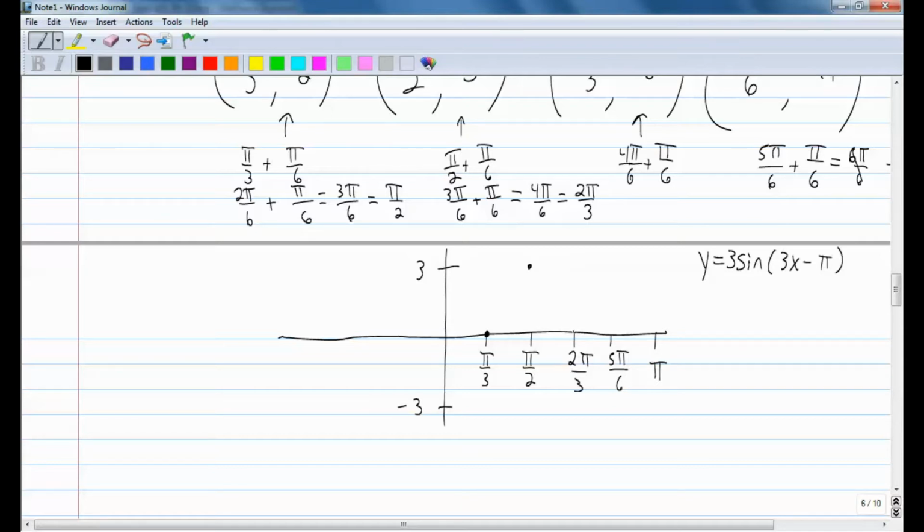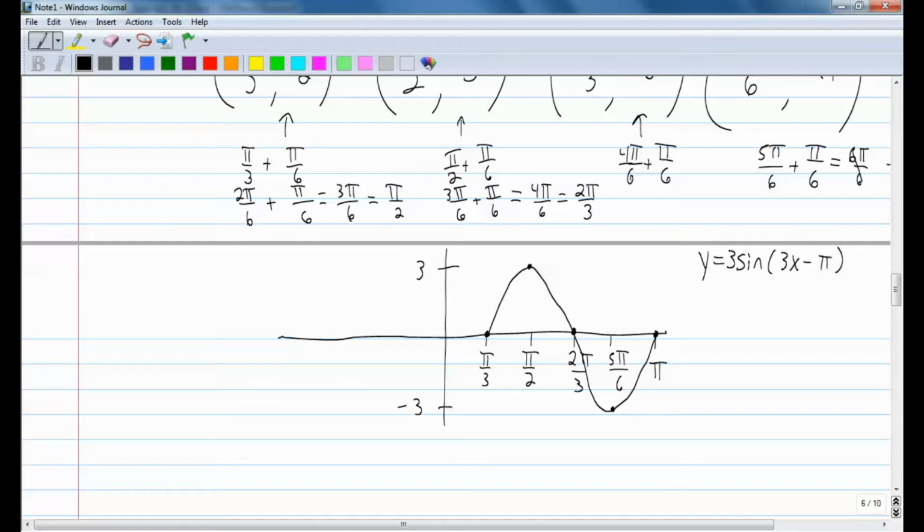At the next significant point, we cross. At the next significant point, we have a low point. And at the last significant point, we cross. Alright, so that is the graph of y equals 3 sine 3x minus pi.